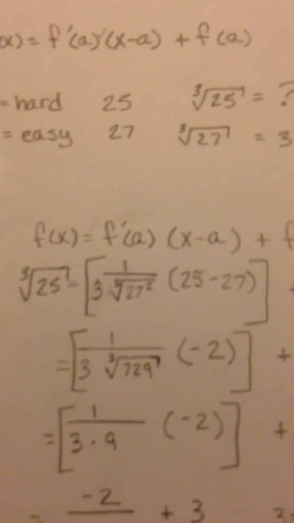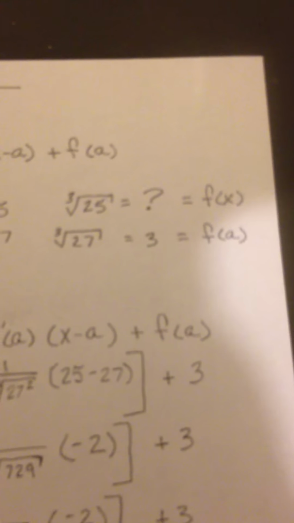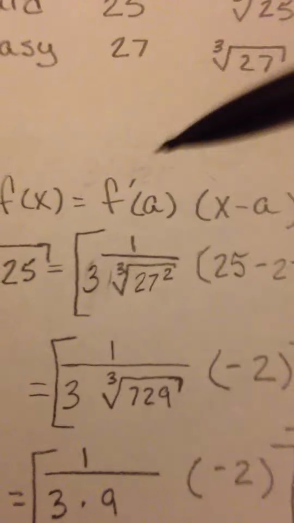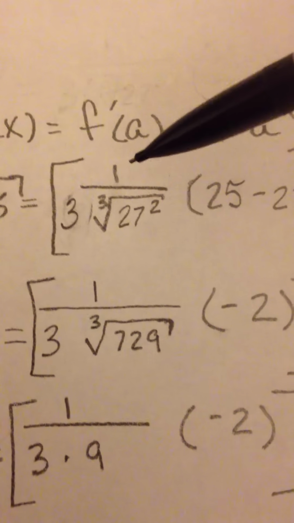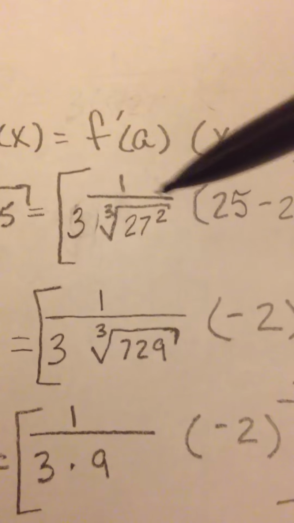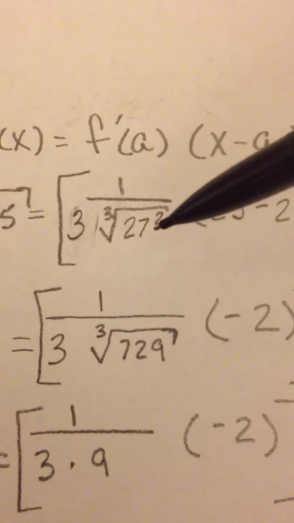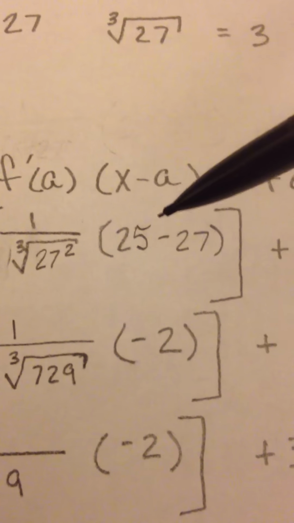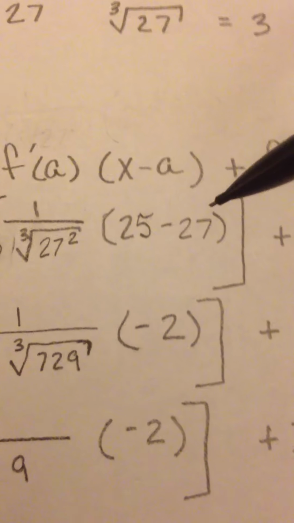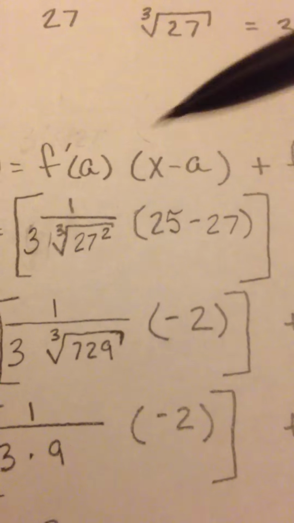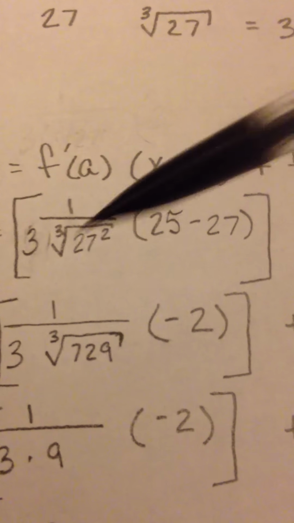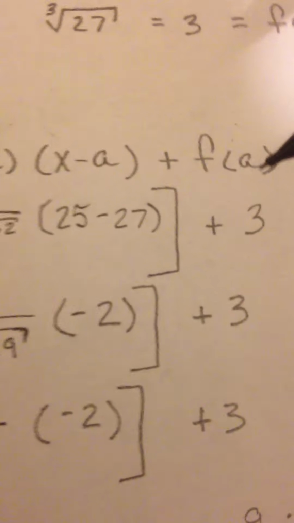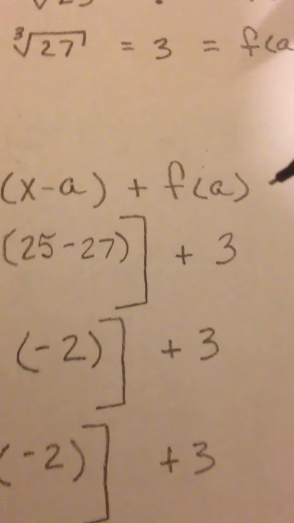Our f of x was the cube root of 25, which was right up there, is equal to f prime of a, right here, I just plugged it in, 1 over 3 times the cube root of our a, which is 27, squared, times 25 minus 27, and I just put that in brackets to keep it straight that these two are multiplied before you do any addition.